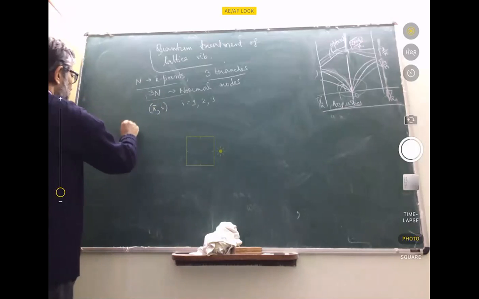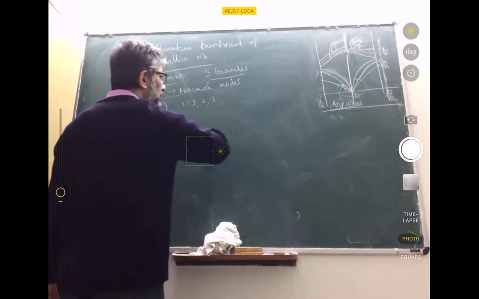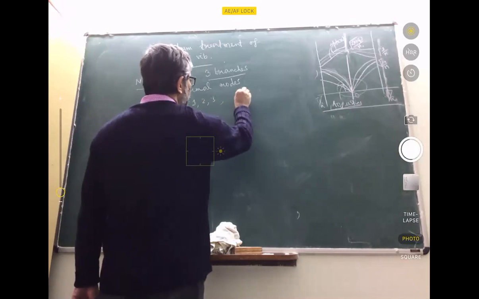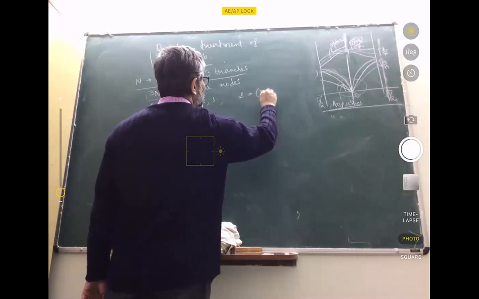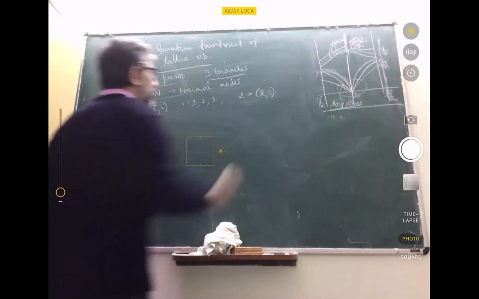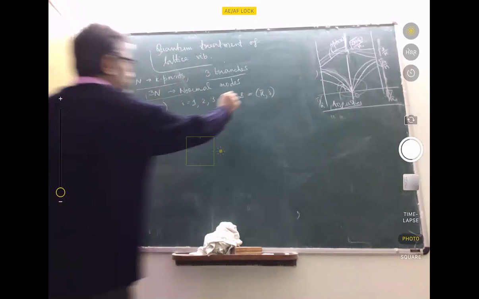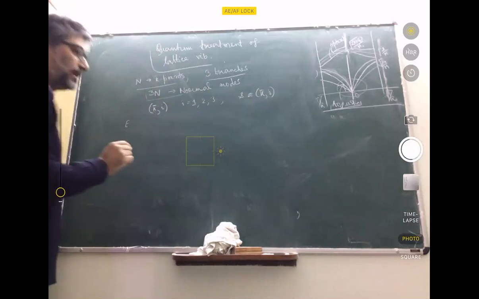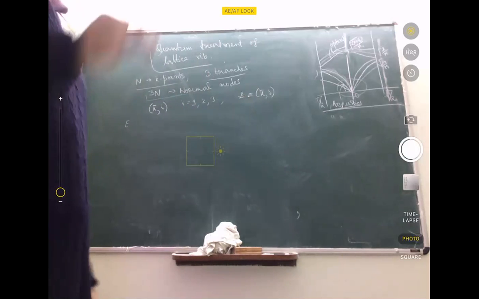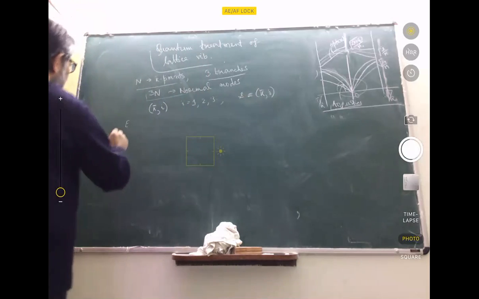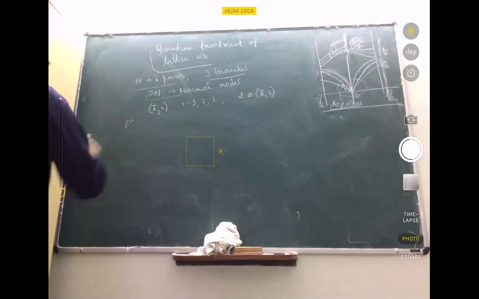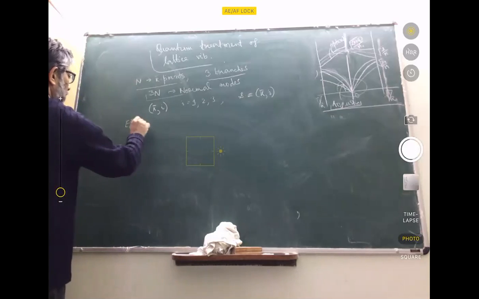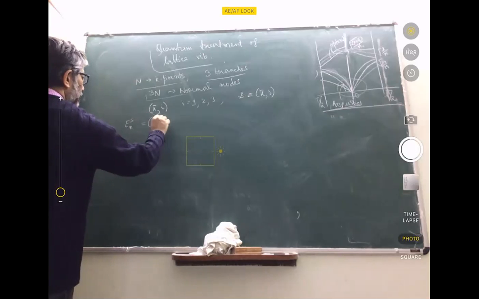So, the energy of each one of these oscillators. I'll use a compound index, so s will stand for k and i taken together. So s is an index that runs from 1 to 3N. And I'm writing the energy for one of those modes because it's a harmonic oscillator.